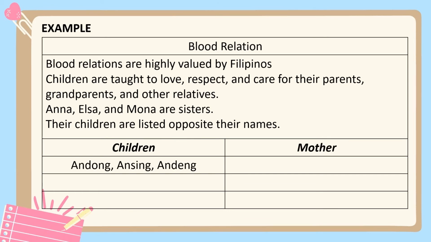Under children, we have Andong, Ansing, and Andeng. Their mother is Ana. Next, Ella and Eman. Their mother is Elsa. And for the last set, Mina, Mocha, and Macy. Their mother is Mona.